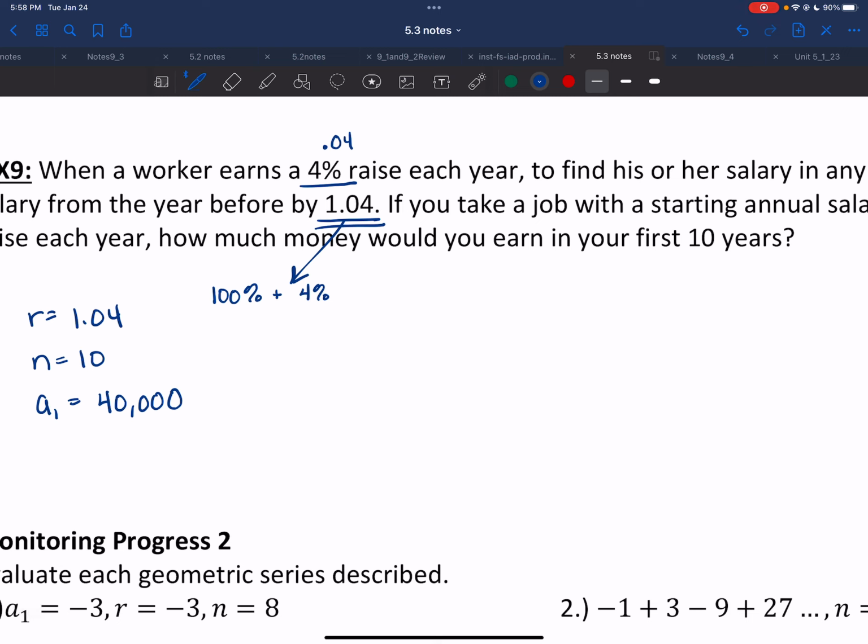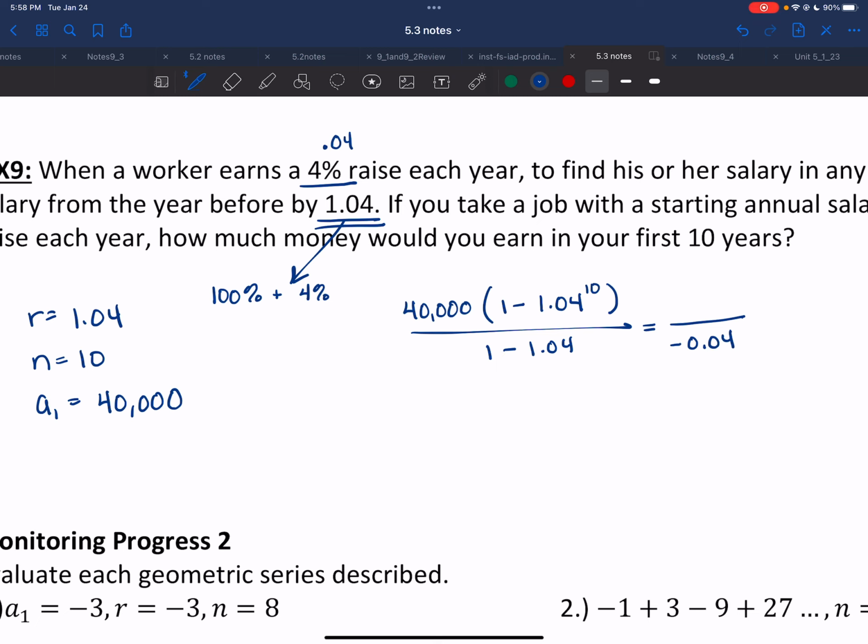So A1 is 40,000 times 1 minus R, which is 1.04, and we're going to raise that to the 10th power. And then we're going to divide that by 1 minus my R, which is 1.04. So in my denominator, I'm actually going to have a negative 0.04.